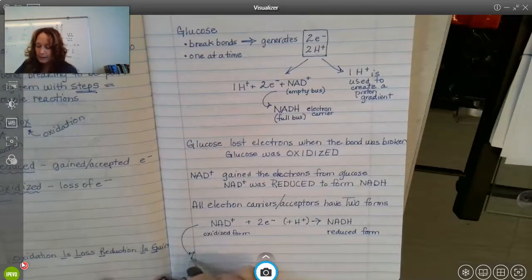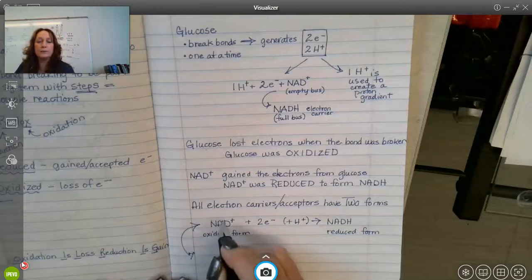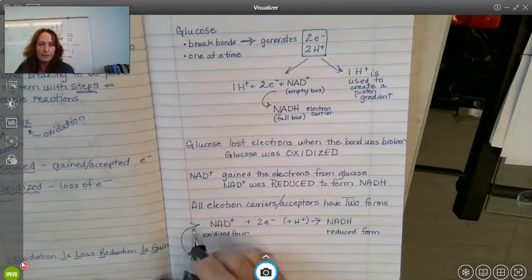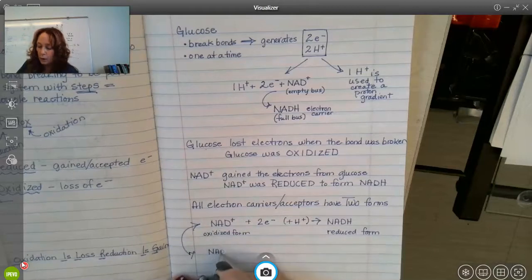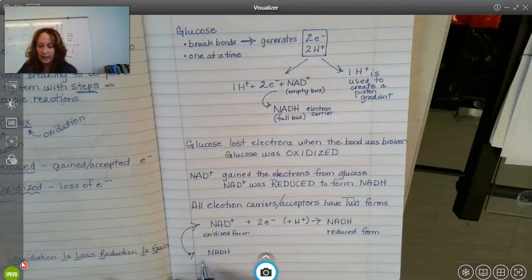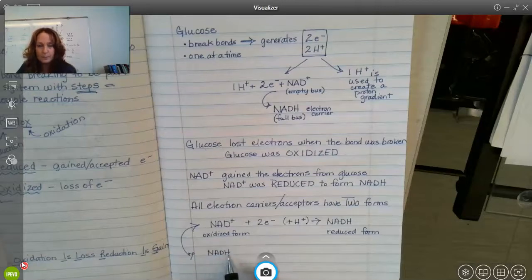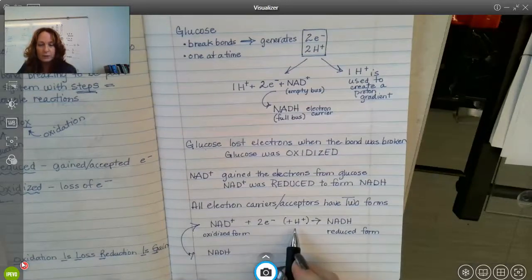And you have this constant emptying of the bus, filling the bus, emptying the bus, filling the bus. How do I know I have electrons on board? Because NADH is the full bus, in the form of its gained electrons with the hydrogen. So right here's your clue.